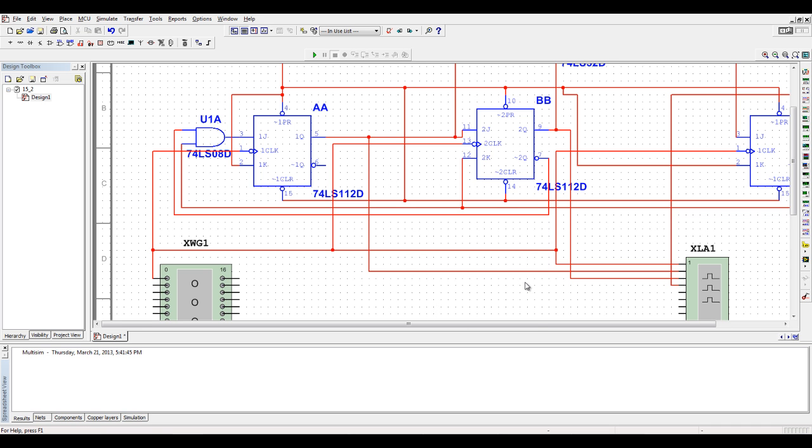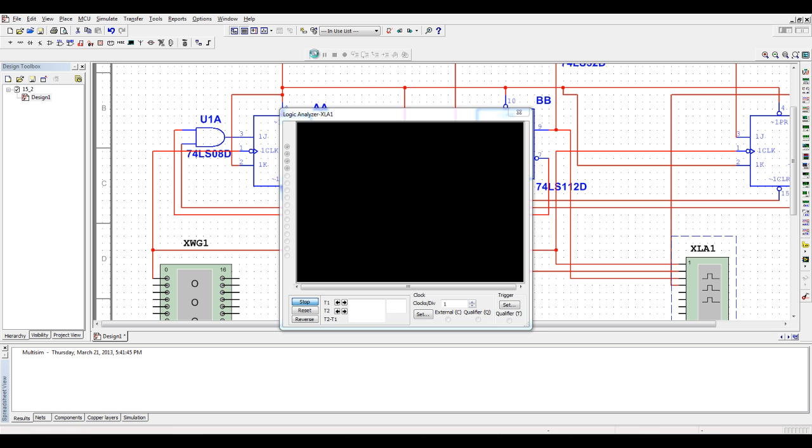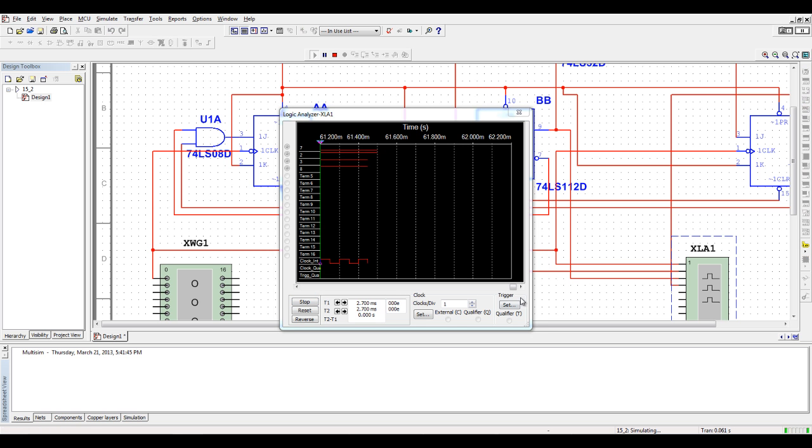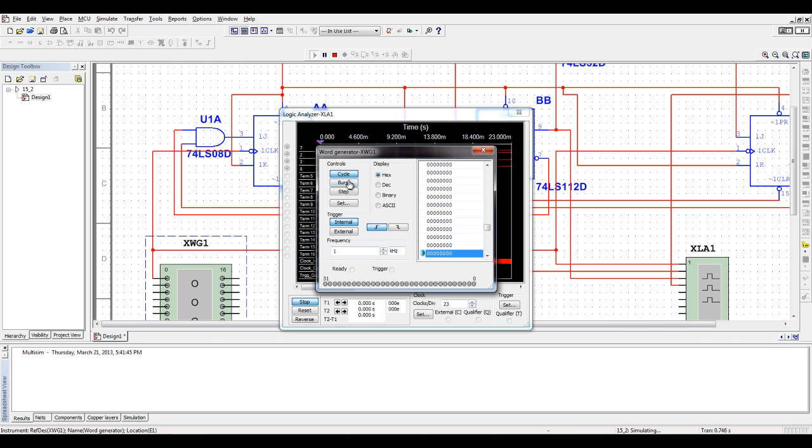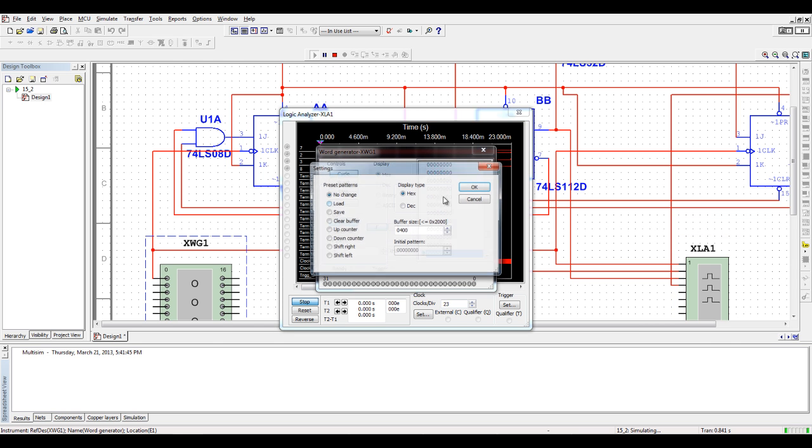Now that we have everything hooked up, let's just run it, see what happens. Oh, we just have to adjust this. Let's set this into a counter of 8.